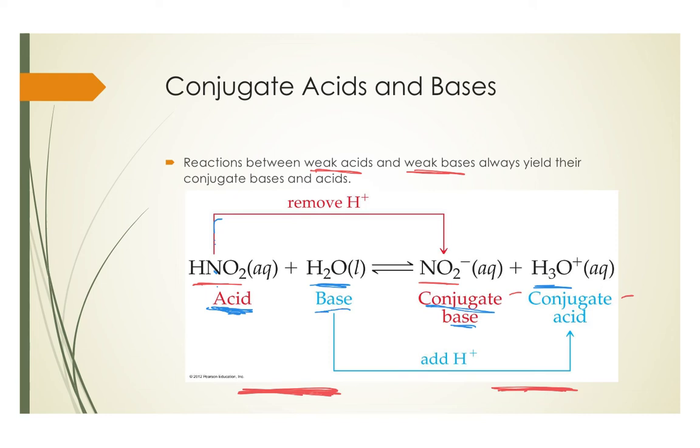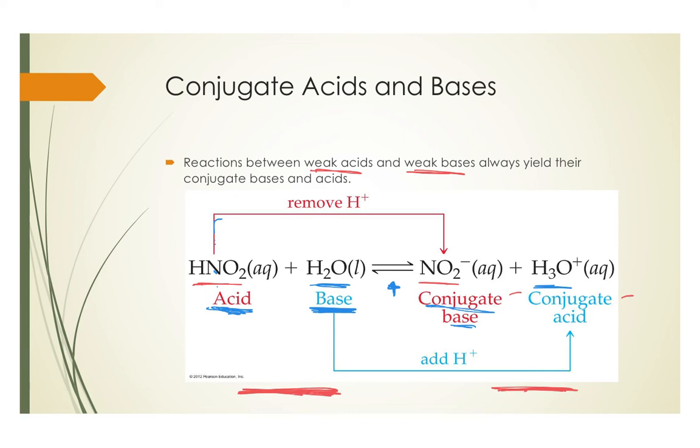What happened to this base here, H2O? Well, it became H3O+. And so that means it must have accepted a proton. And so it's a proton acceptor. It becomes a base. Now, since this is an equilibrium expression, we can go both ways.